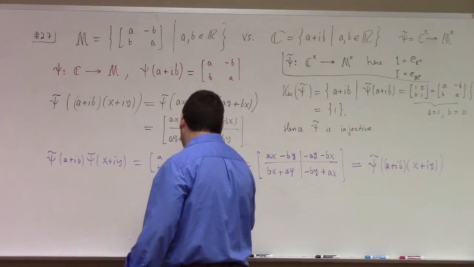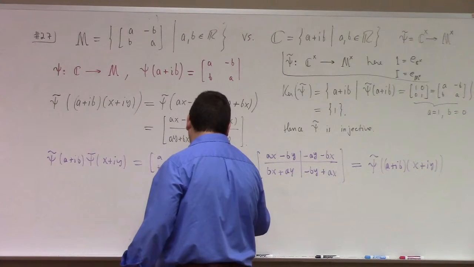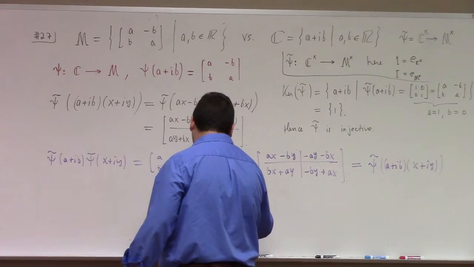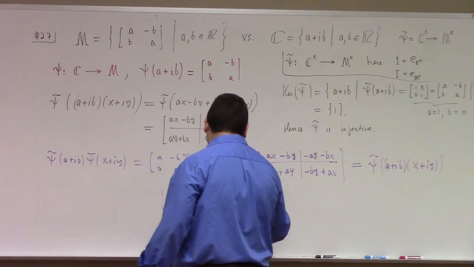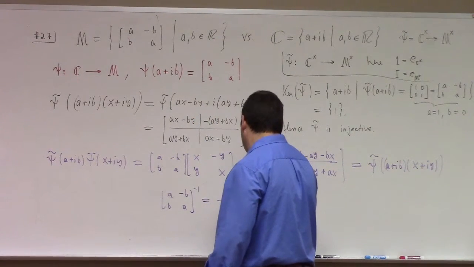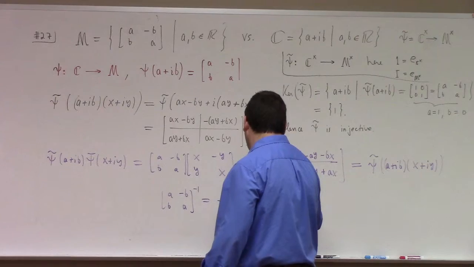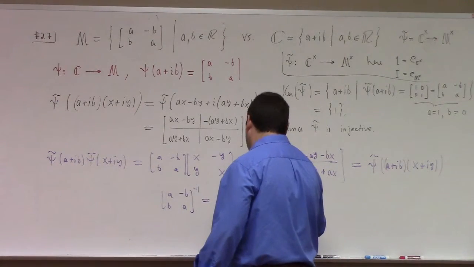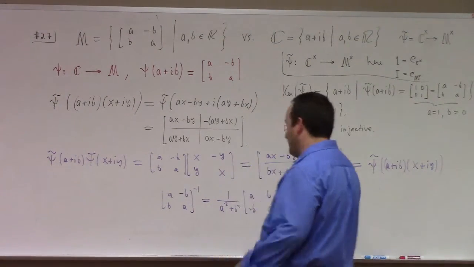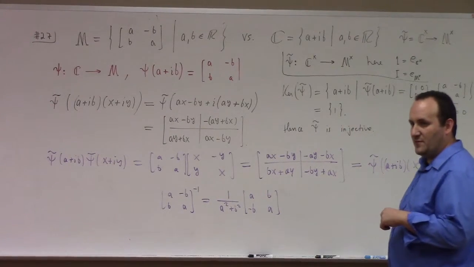You can check that as well, like the inverse of one of these. This is pretty cool, guys. Check this out. The inverse of this, we know by the 2 by 2 matrix formula, is A squared plus B squared in the denominator. It's really beautiful what's happening here, by the way. So there's the inverse by the 2 by 2 matrix formula.